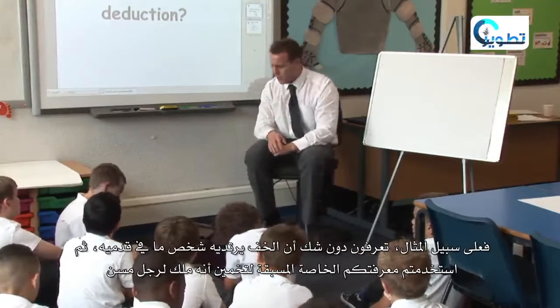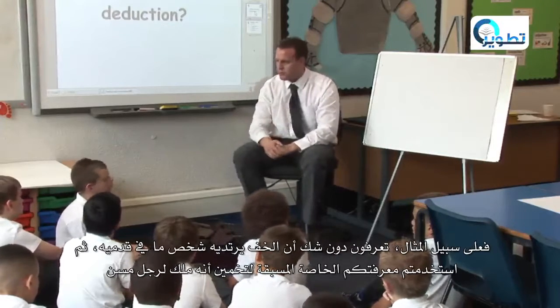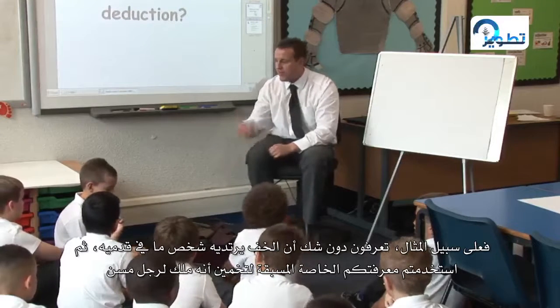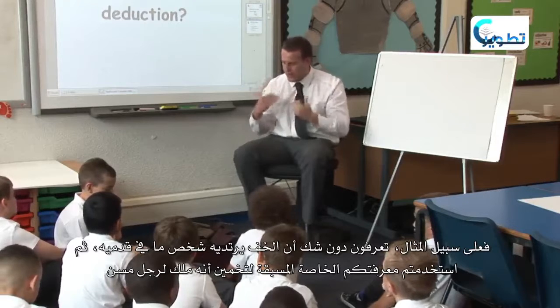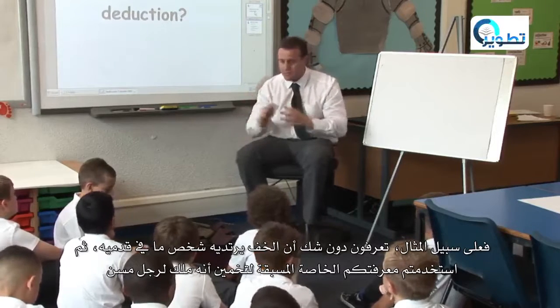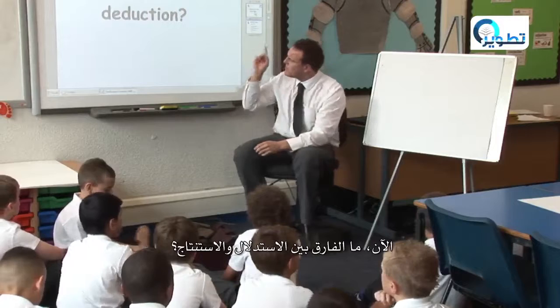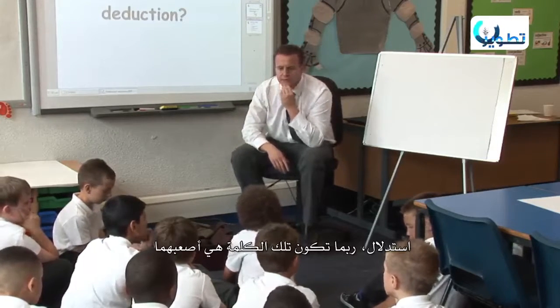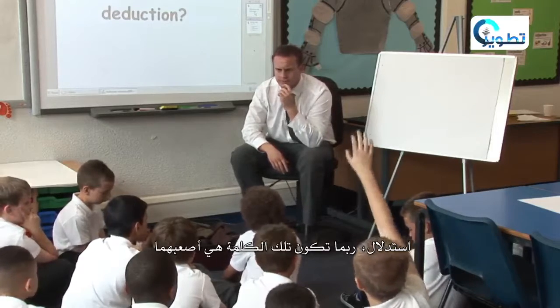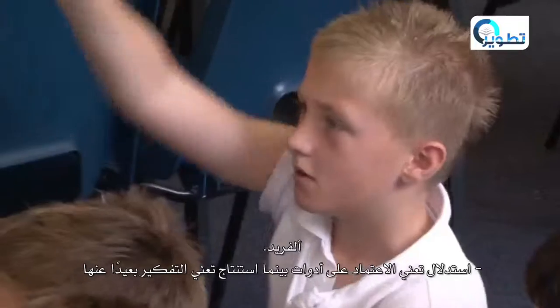So, for example, you know for a fact that slippers are worn on someone's feet. Yeah, and then you've used your own knowledge, your prior knowledge, to speculate that it is to an old man. Now, what's the difference between inference and deduction? Inference, and this is probably the most difficult one. Alfie?